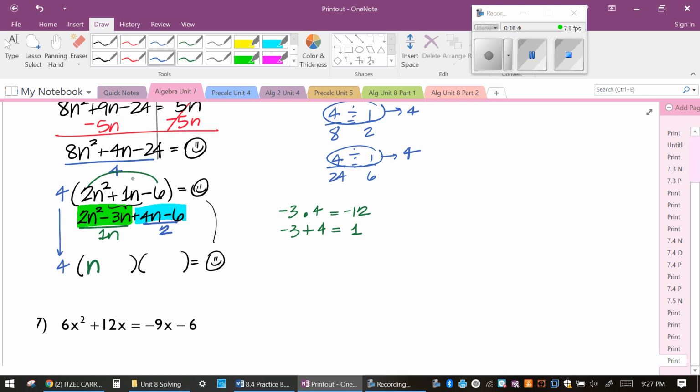So my factored form for this quadratic trinomial is n plus 2 and 2n minus 3 with a 4 in front. But remember, for solving, it doesn't make sense to set the 4 equal to 0. You can set this one equal to 0, though.